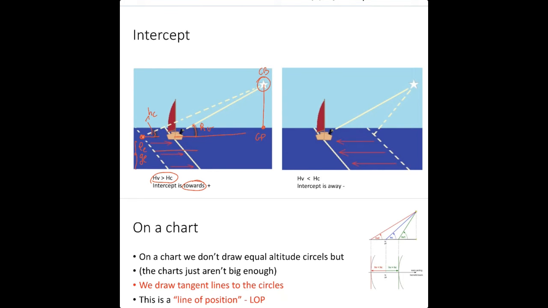Okay, so this means towards. Starting from your assumed position, if you have a delta H of 1 minute, for example, you measure 1 minute in the direction of your azimuth, towards the celestial body. And there you find your line of position.